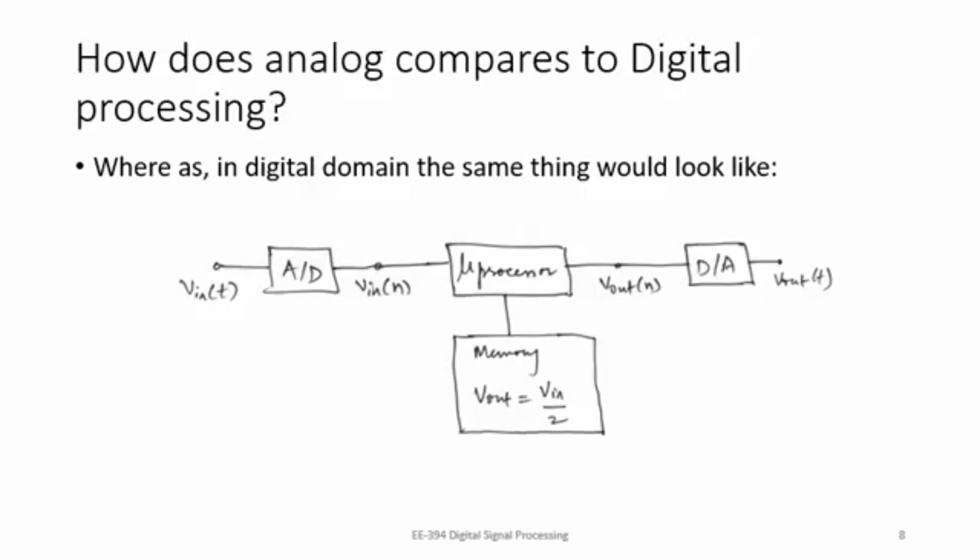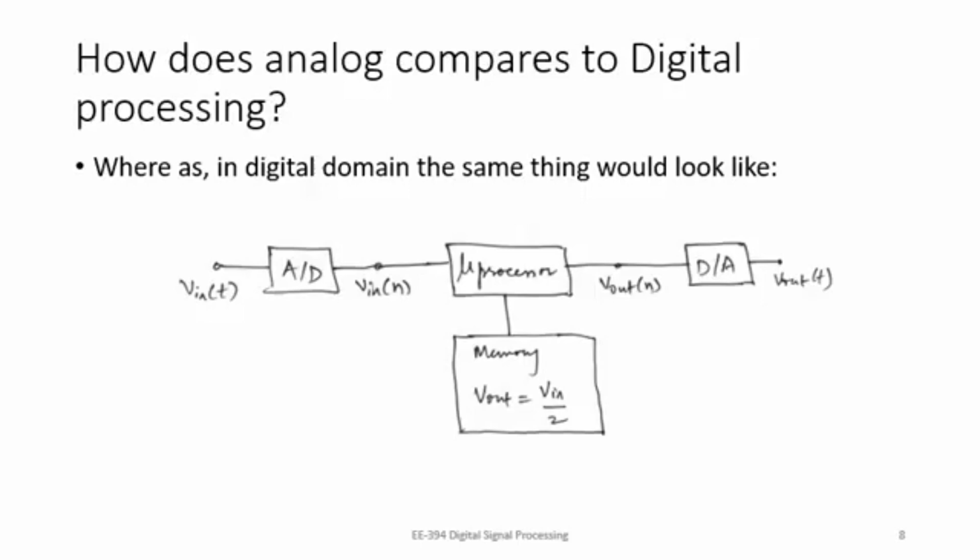Now what to do with that input is directed by a code which is stored in a memory, and somewhere in the code there will be a line V out is equal to V in divided by 2, and then the processor will run this code on the V in, and whatever the output comes out, obviously it will be in the digital format.